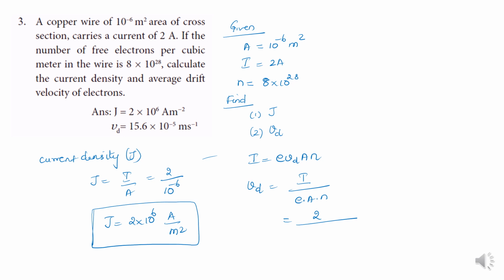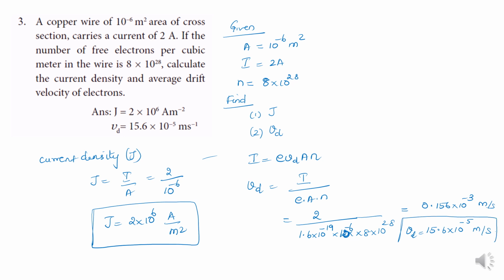E is 1.6 into 10 power minus 19 into area is 10 power minus 6 into N is 8 into 10 power 28. So this comes around 0.156 into 10 power minus 3 meter per second, or else drift velocity Vd is equal to 15.6 into 10 power minus 5 meter per second. Okay, that's it.